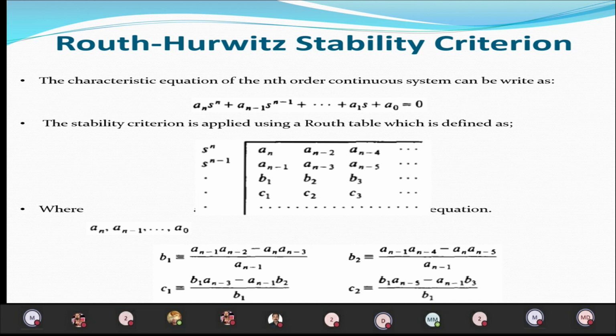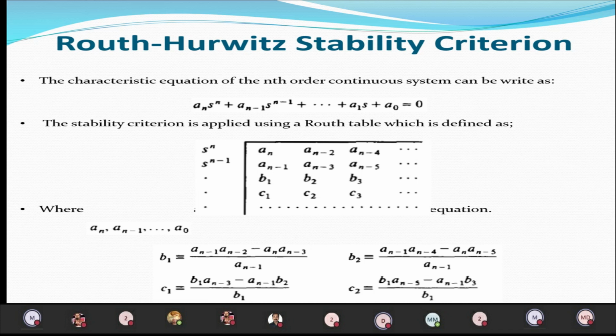Similarly, the second row is also constructed by looking into the characteristic equation given in the problem itself. So with s power 4 as an even power taken for the example, we have constructed the first row: the s power 4 coefficient as the first element, the s power 2 coefficient as the second element, and s power 0 as the third element.